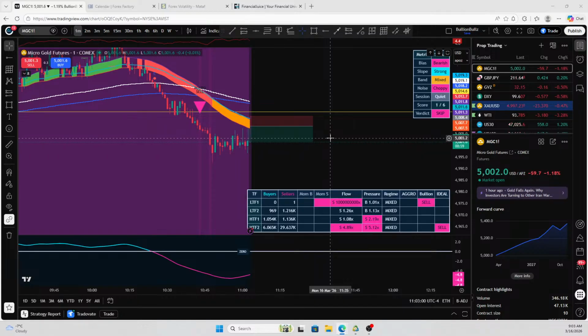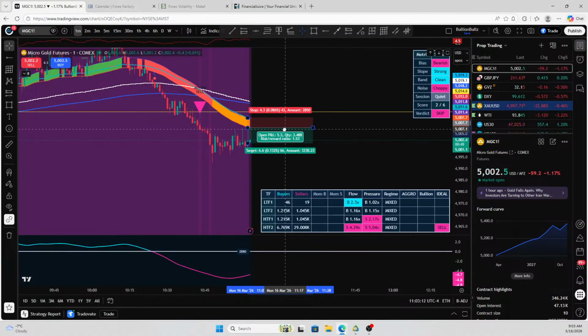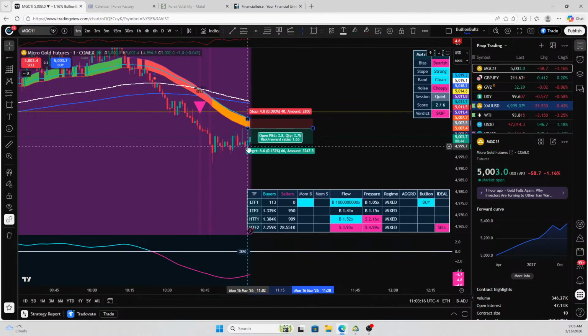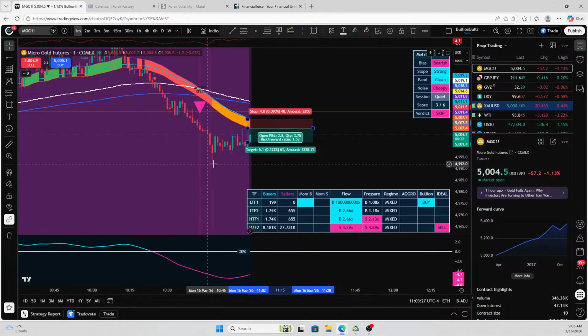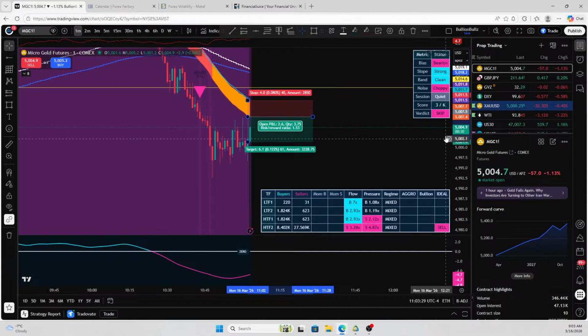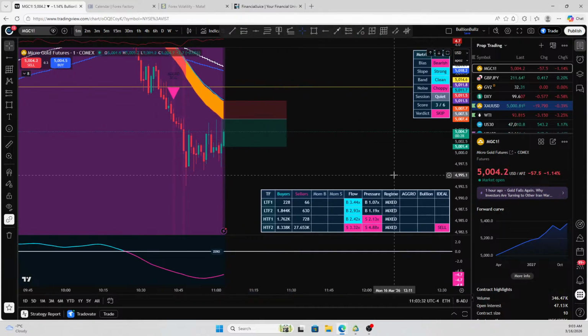But yeah, the only trade setup I see is pushing back to the band, giving us a minimum 1 is to 1.5. The probability level is quite high for such a setup under the conditions that we have seen in the past. This is what I'll be looking for: price creates a low, breaks the low, gives us a new low, comes back to the band, and then reverses aggressively to the downside.